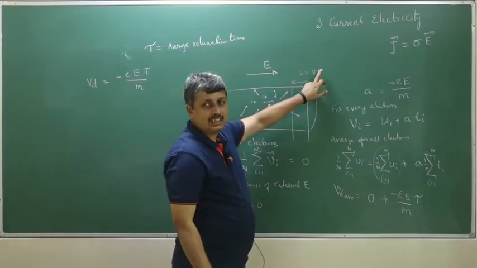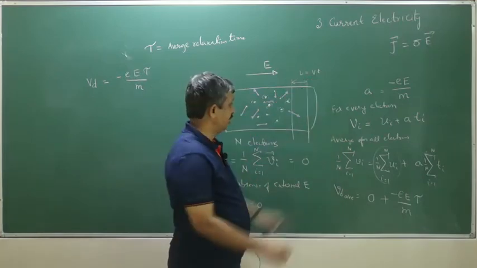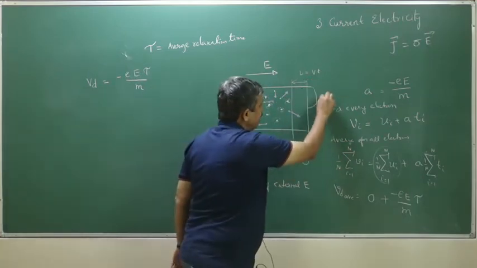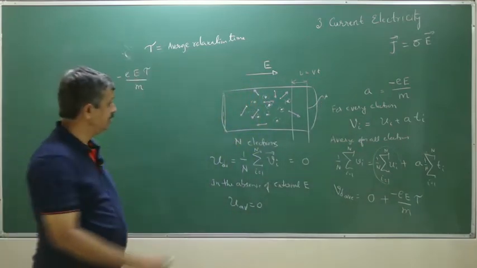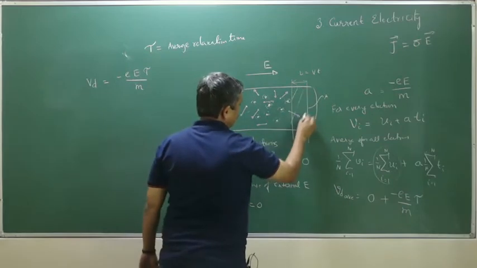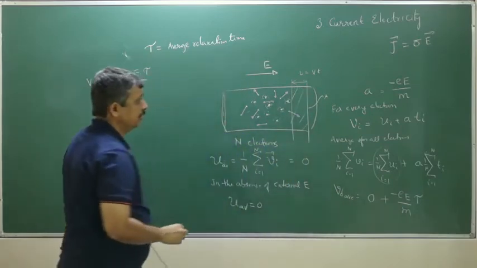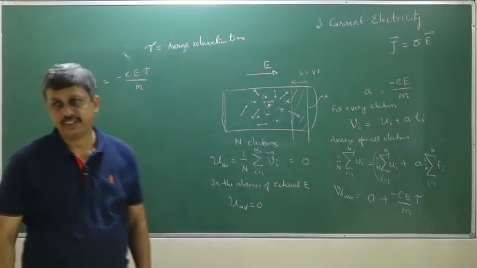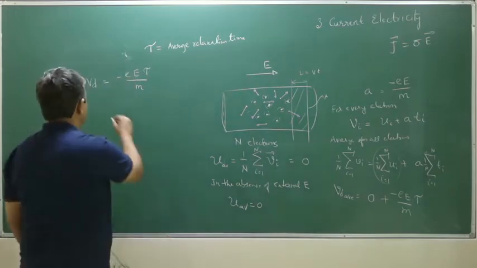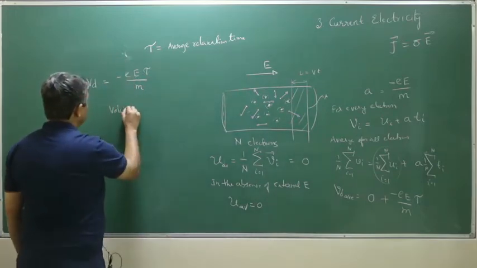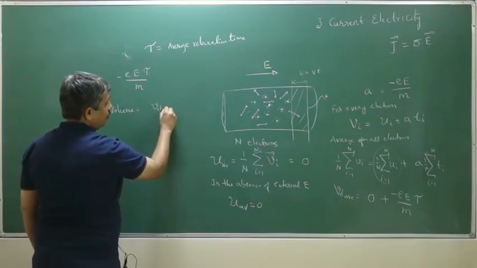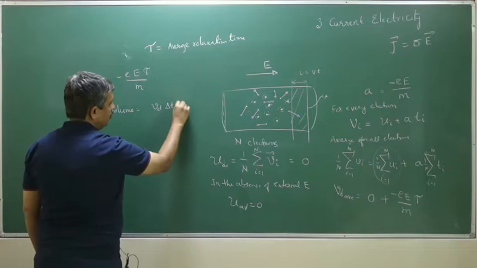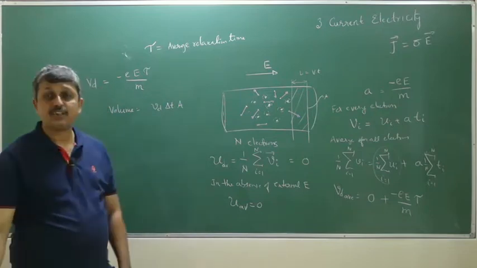With cross section area A, the total volume is Vd into delta t, into cross section A.